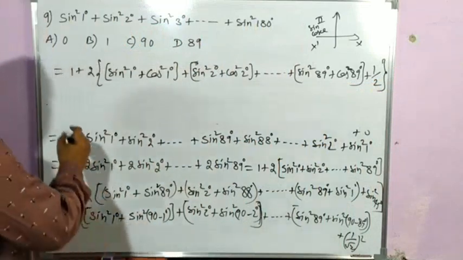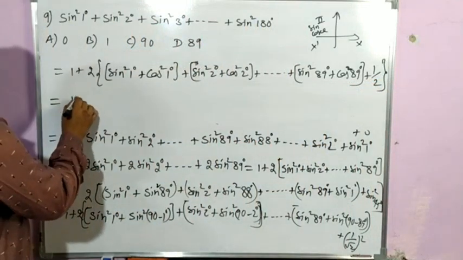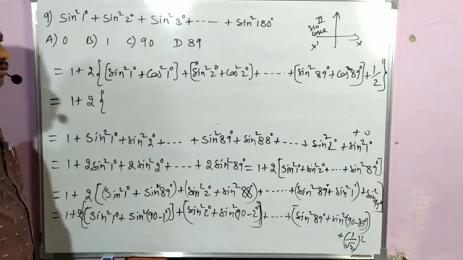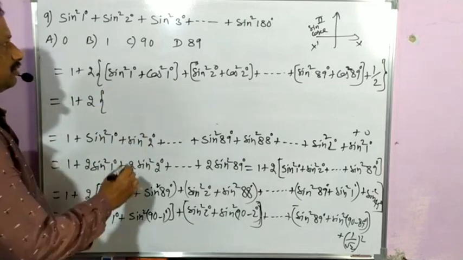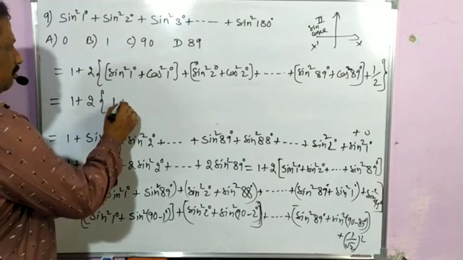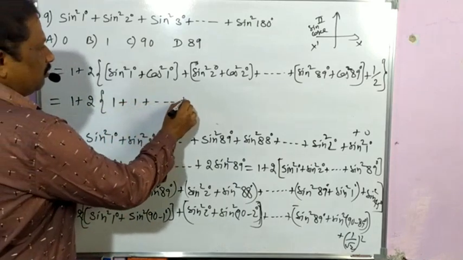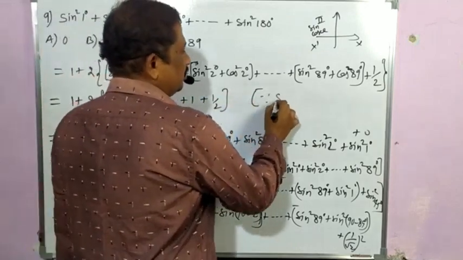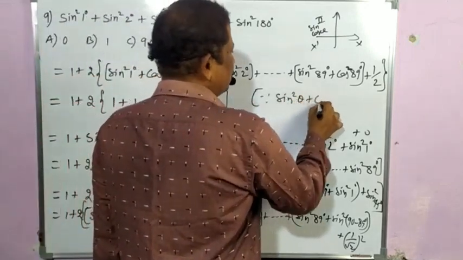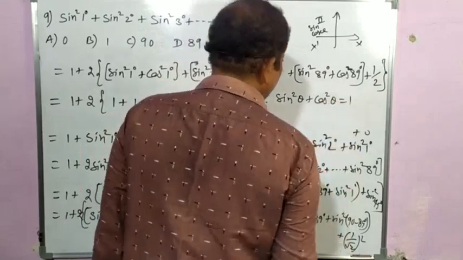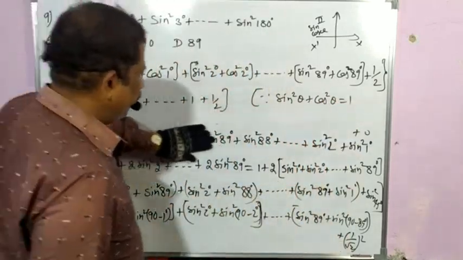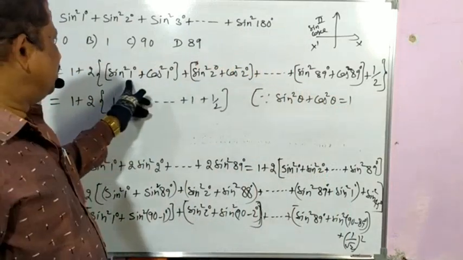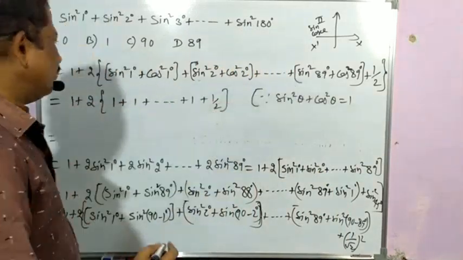Next, 1 plus 2 into this one in the form of sin square theta plus cos square theta. What is the formula? Sin square theta plus cos square theta is equal to 1. So 1 plus 1 plus so on plus 1 plus half. Carefully observe these pairs. How many pairs? 44 pairs.